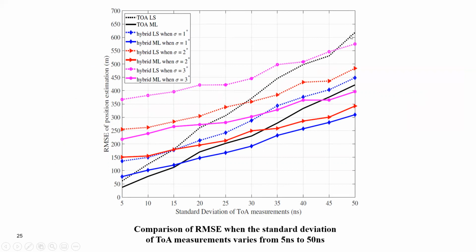We can see that when the DOA estimation error is small enough, our proposed method is better than pure TOA, and when the standard deviation of DOA measurement is larger, about 3 degrees, our proposed method is better than pure TOA when the standard deviation of TOA measurement is large enough.